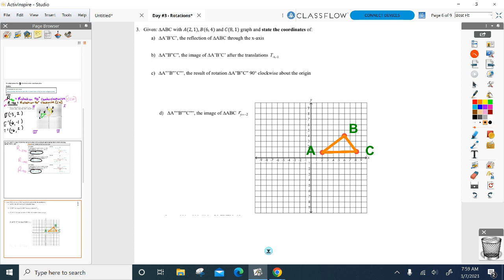Now we're going to put the last 2 days together: reflections, translations, and rotations, which we just did here. Buckle up, everyone. We're going to see what you're made of here. I'll give you a second. Go ahead and graph triangle ABC.